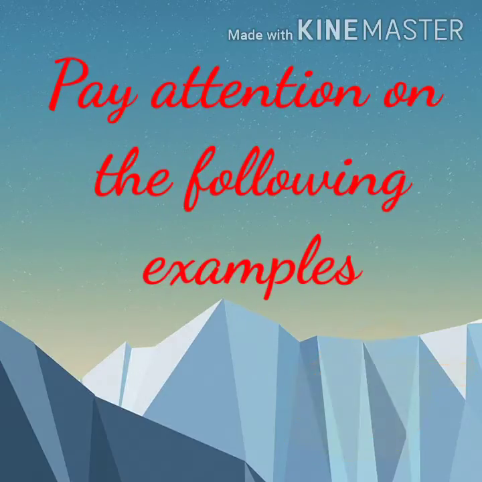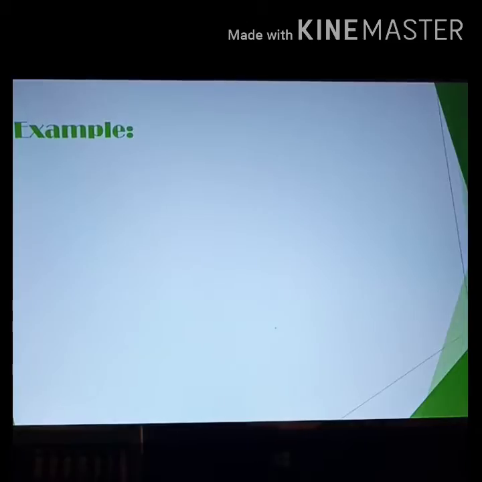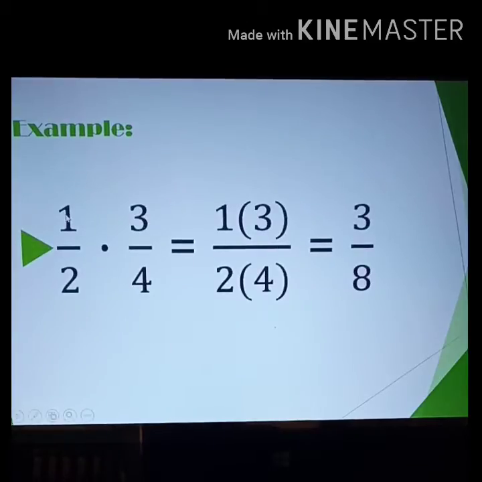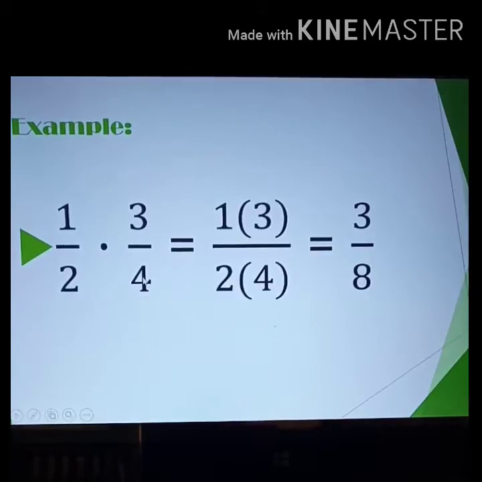Pay attention to the following examples. Are you ready for an example, or should I say you must be ready for the example? We have here 1 over 2 times 3 over 4.